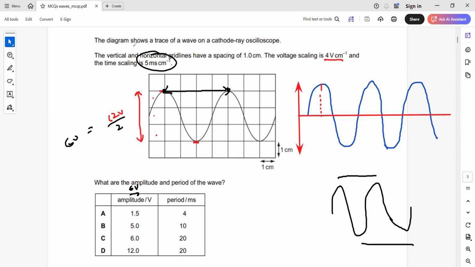If you complete one box, it is equivalent to 5 milliseconds. So this is 5, 10, 15 and 20 milliseconds because each box is 5. So this is 20 milliseconds, and that is what we need, the time period. If I take the base as well, 1, 2, 3, 4 boxes are there. So again, it will make 20 milliseconds.